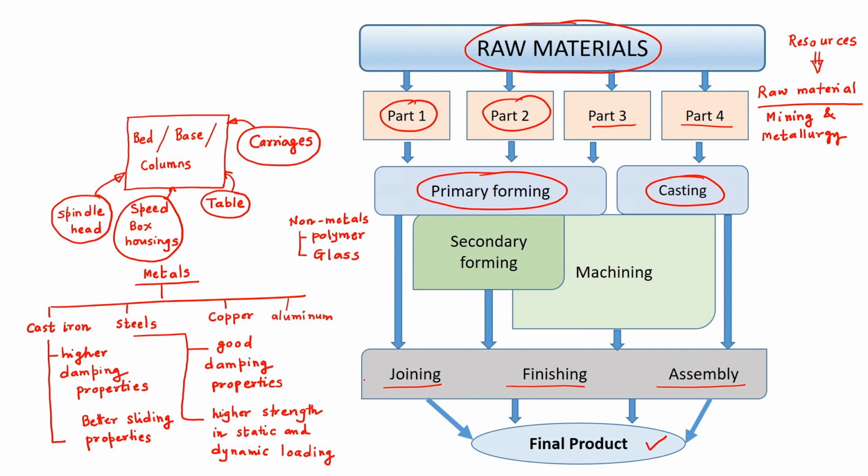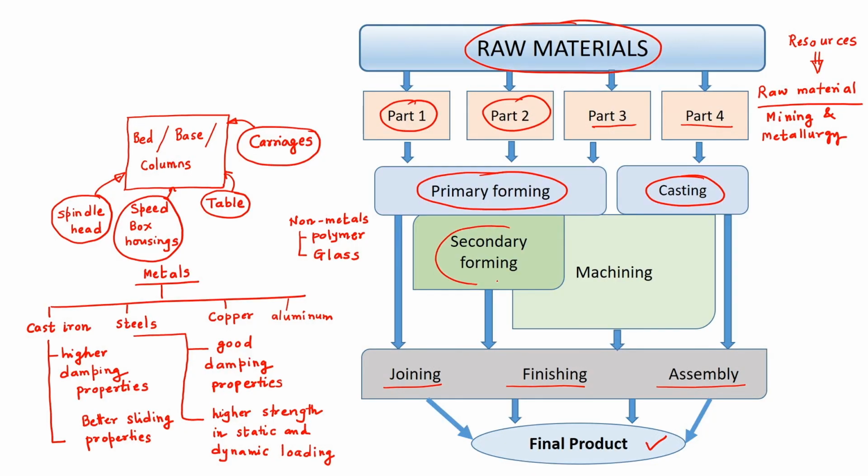However, in certain cases we need to change the shape of the primary formed components. So, for that purpose there is another set of operations need to carry out, and these are called as the secondary forming operations. In primary forming we are getting rolled sheets, extruded bars and rods.